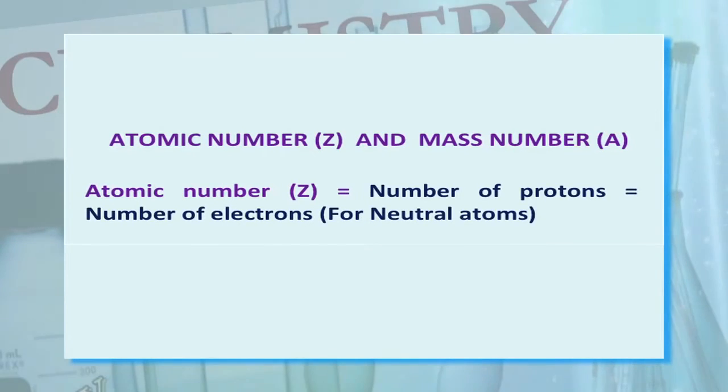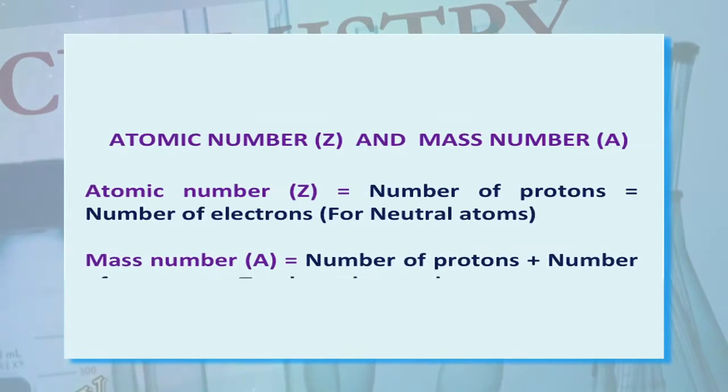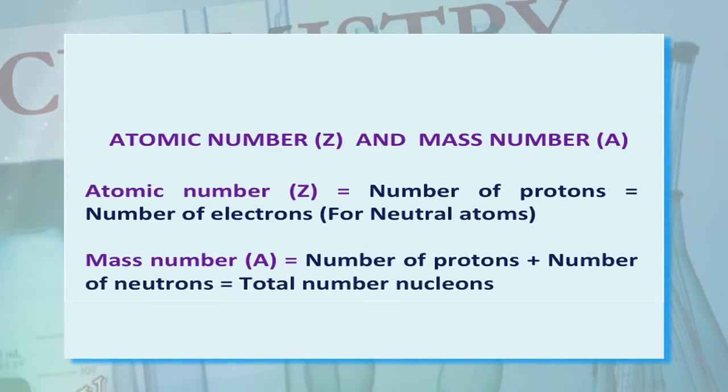Now, the next concept is atomic number and mass number. Atomic number is equal to the number of protons, that is equal to the number of electrons for neutral atoms. Mass number is equal to the number of protons plus the number of neutrons, that is equal to the total number of nucleons.